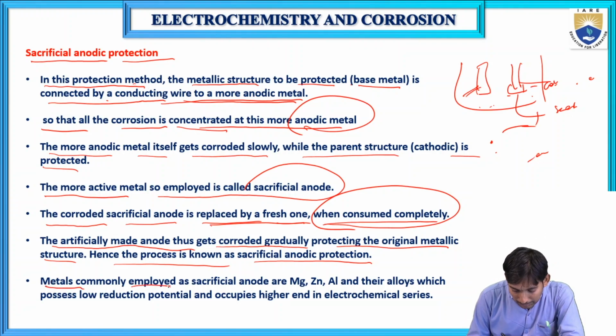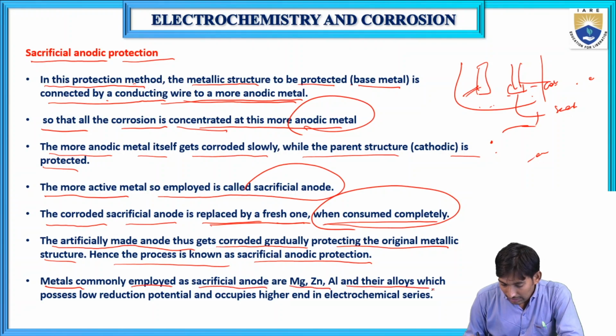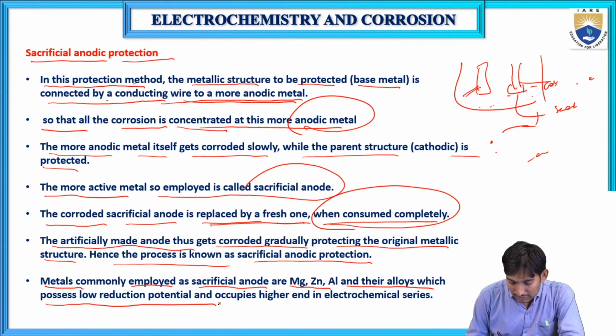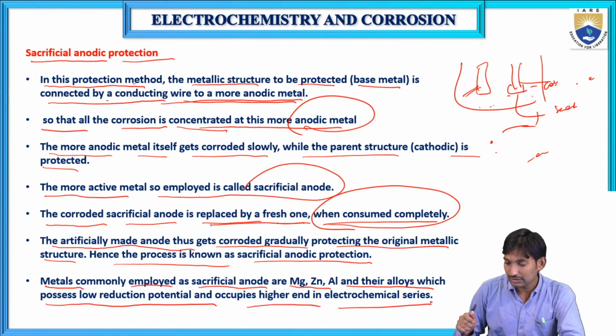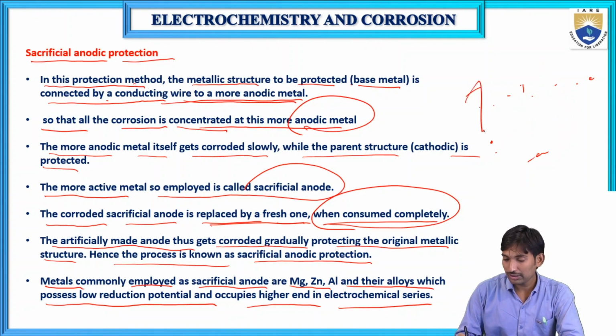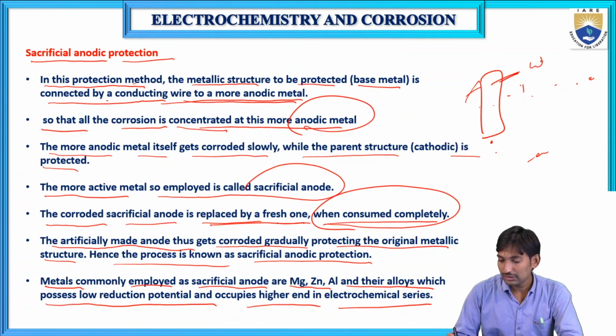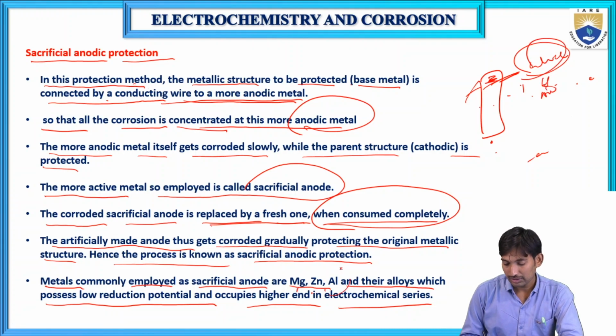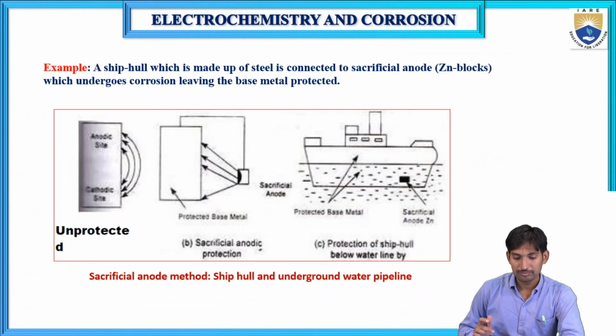Metals commonly employed as sacrificial anodes are magnesium, zinc, aluminum and their alloys, which possess low reduction potential and occupy the higher end of the electrochemical series. So magnesium, zinc and aluminum act as sacrificial anodes.